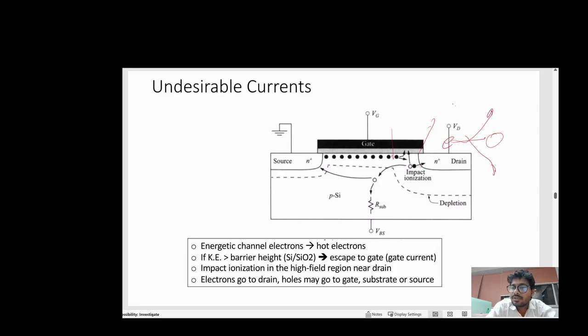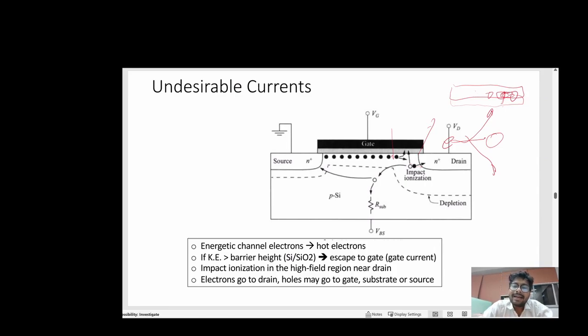Due to the collision, this dielectric is there just above the channel, right? So they will be damaging the dielectric as well. Because the electrons are going at very high speed, they will be damaging this dielectric with impact.